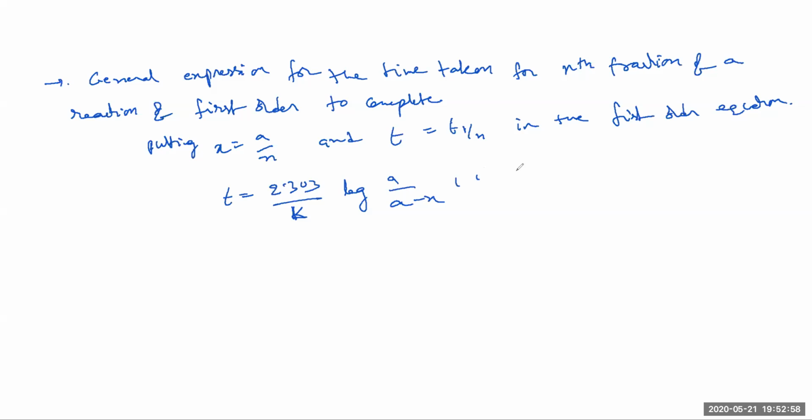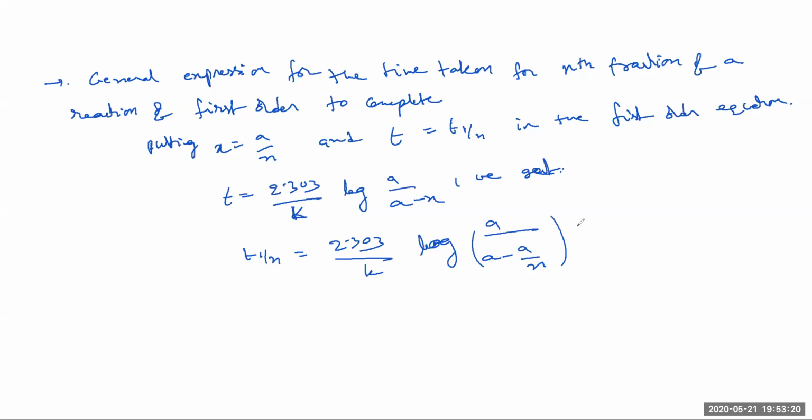How to write this one? T 1 by n is equal to 2.303 by k into log of a by a minus a by n, or that is 2.303 by k into log of 1 by 1 minus 1 by n.